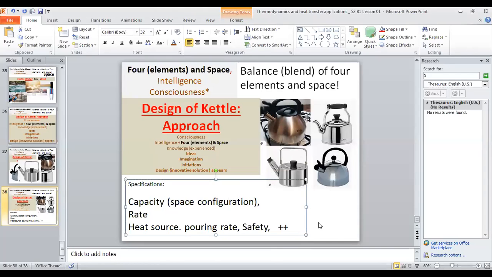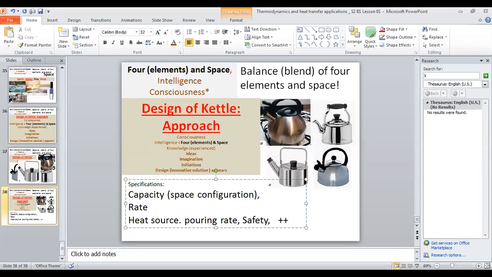As a designer, this may be specified by the marketing departments based on the market survey or the application, the product survey. These are the possible specifications for this.